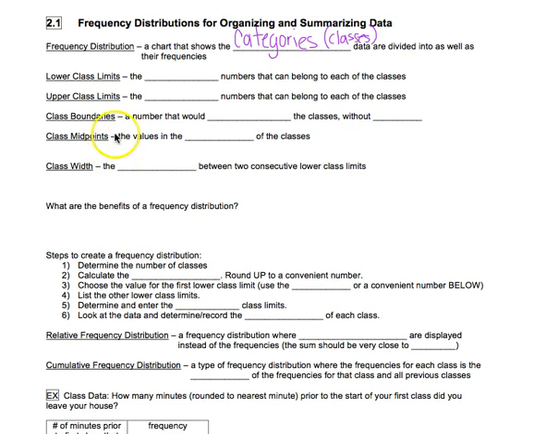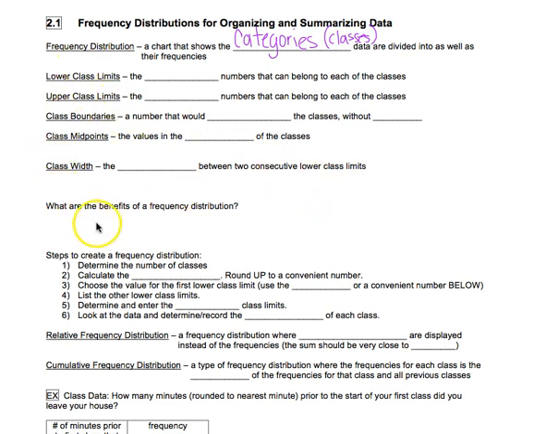With the classes, we are going to have lower class limits, upper class limits, class boundaries, class midpoints, class width. They all have the word class in them. Obviously really important because some of these definitions are used for actual calculations.